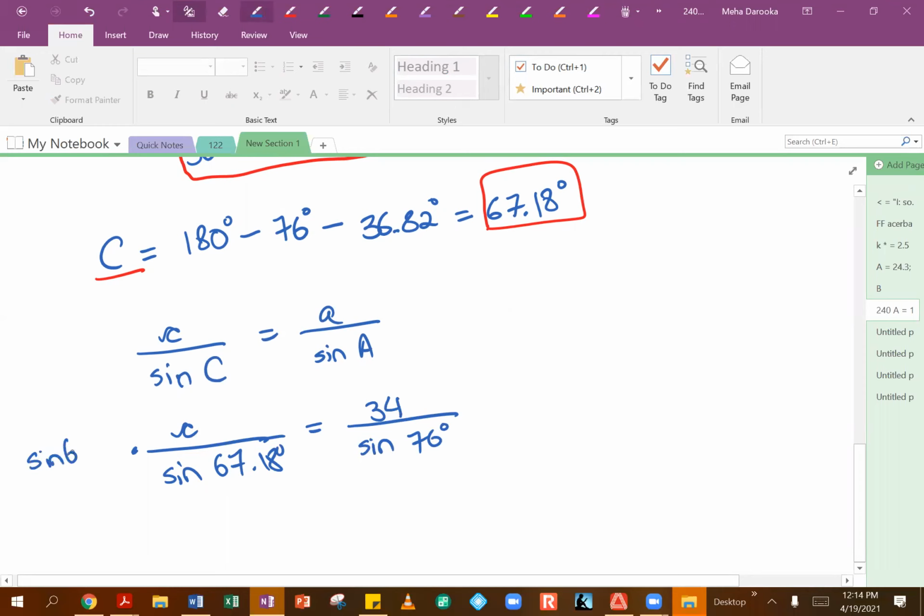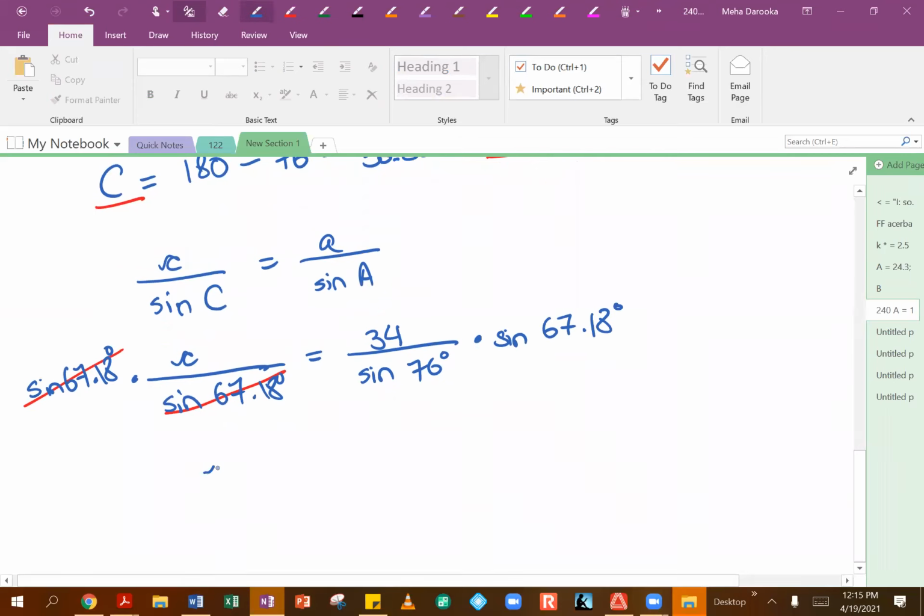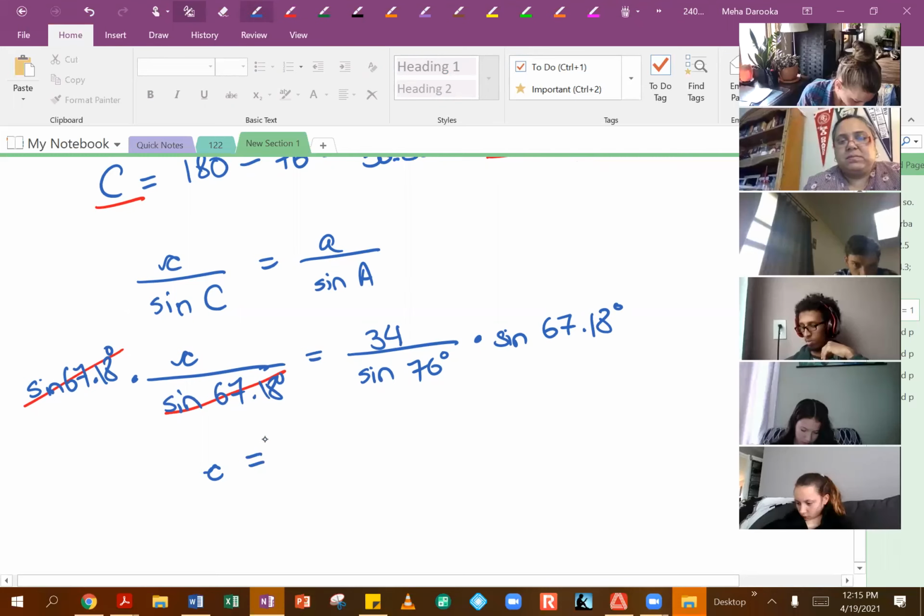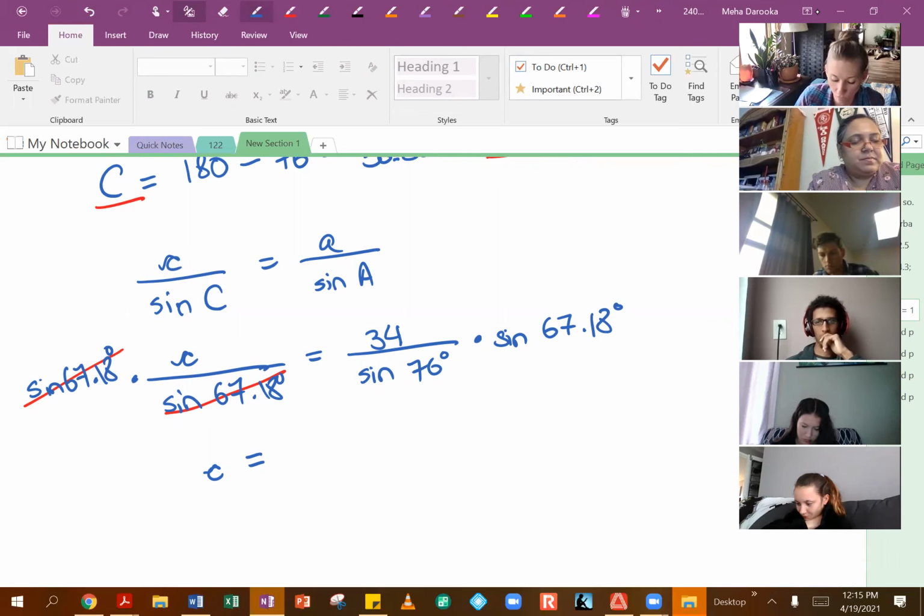So let me know once you have your answer for side C rounded to 2 decimal places. Alrighty, Billy, very nice.